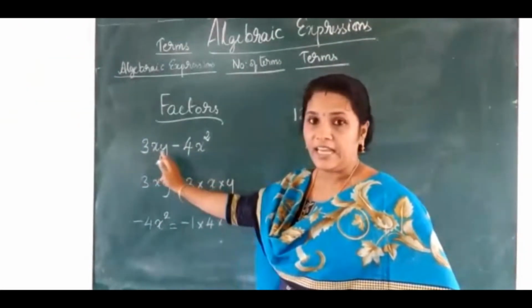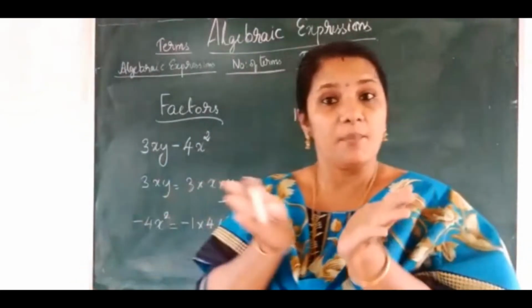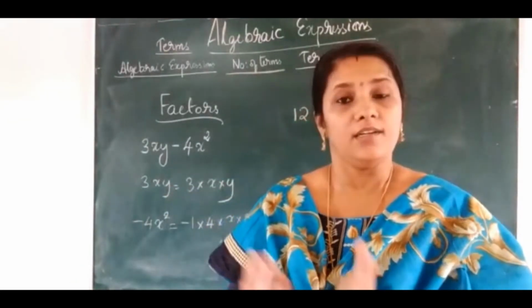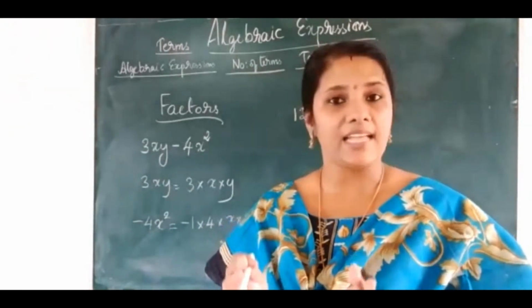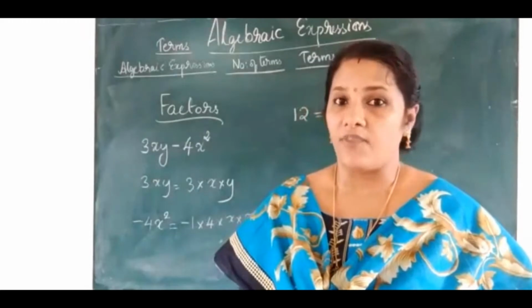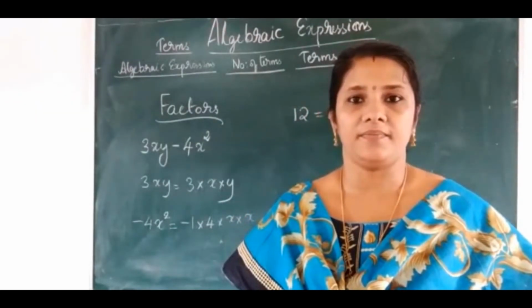Here in 3xy, 3, x and y are multiplied together to form the product 3xy. So 3, x and y are the factors of the product 3xy.